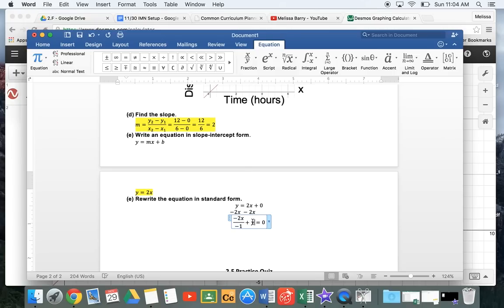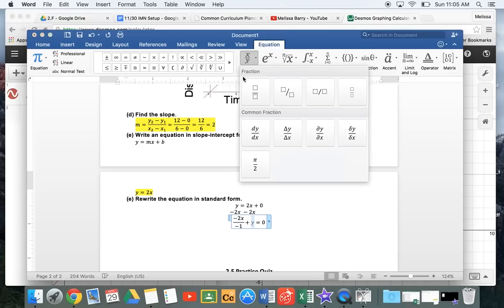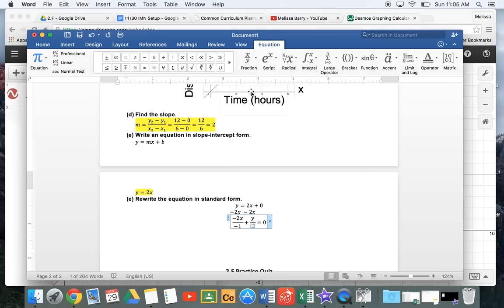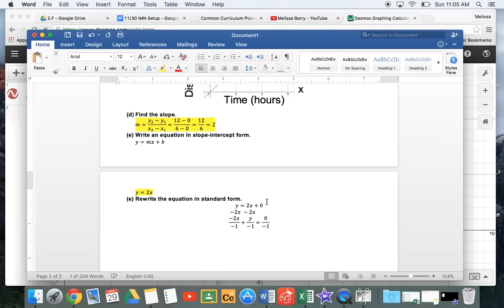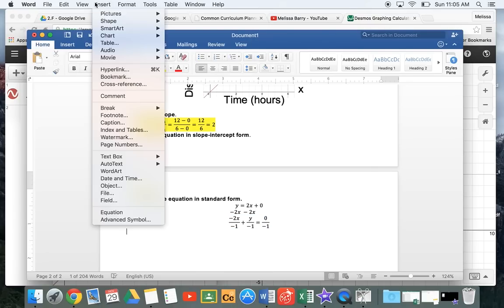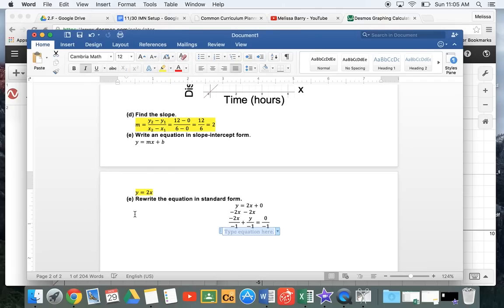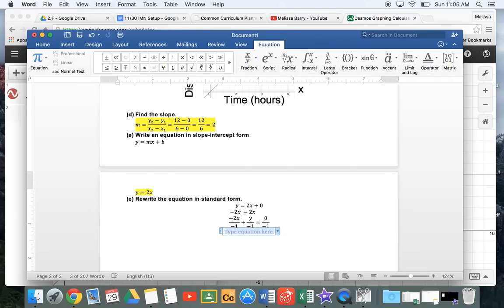I divide by negative 1 on all of these terms. And I end up getting 2x minus y equals 0. And that is the answer.